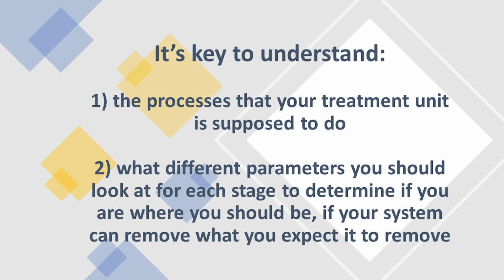So it's key to understand, first of all, the processes that your treatment unit is supposed to do, and understand what different parameters should look like at different stages of that treatment unit, and to say, am I there?